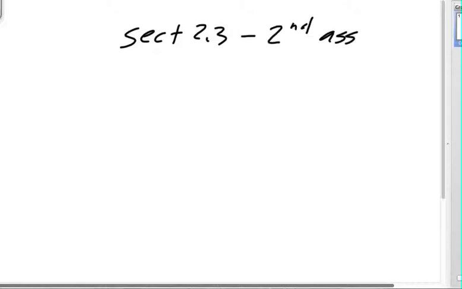Okay, so we're continuing on with section 2.3. This is the second assignment, and we're still dealing with product and quotient rule.